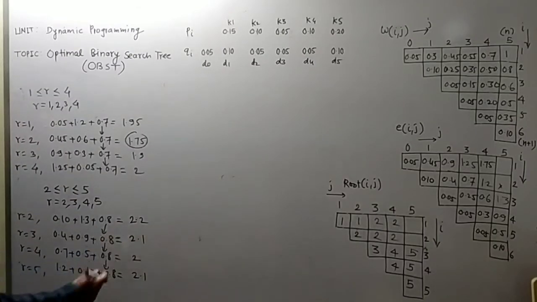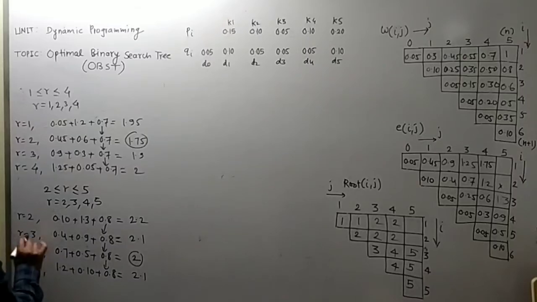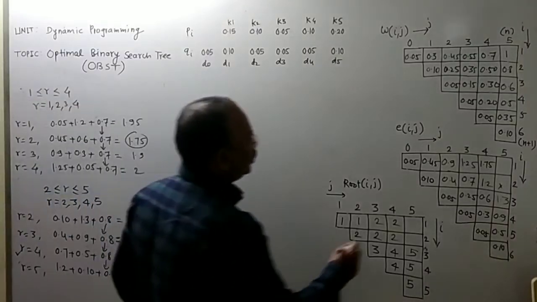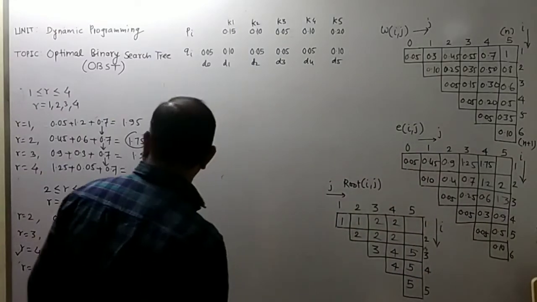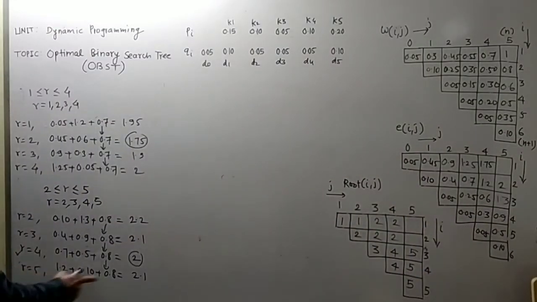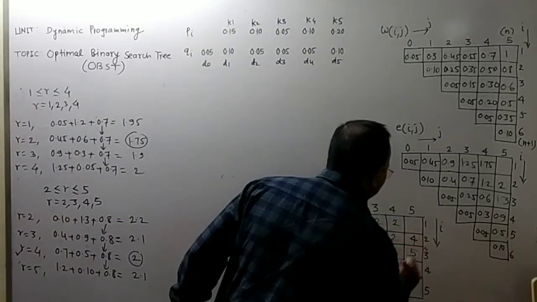So out of this the minimum is 2 and R is 4. So we have got 2 for R is equal to 4. So that's why I write R is equal to 4 in the root table at the 2, 5 place, that is 4.